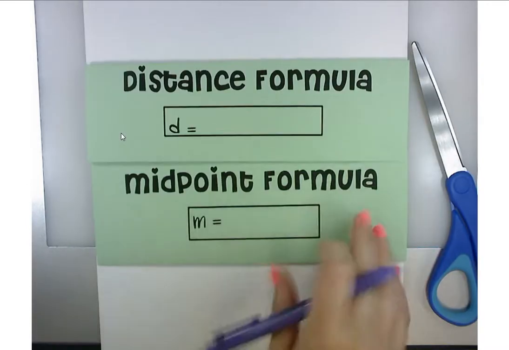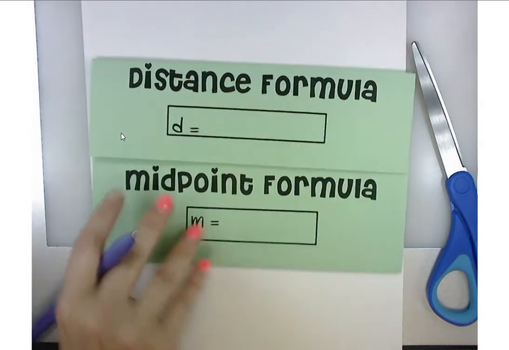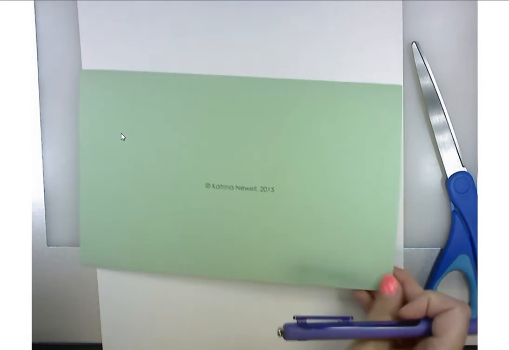Yep, you're just going to fold both sides towards the middle. And it's okay if they overlap a little bit. That's not a problem. So you can kind of see too, like on the back, you'll have that part blank.